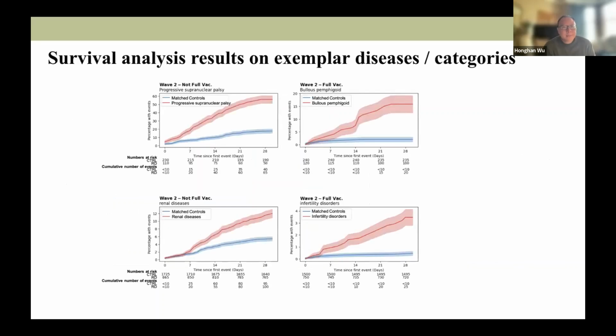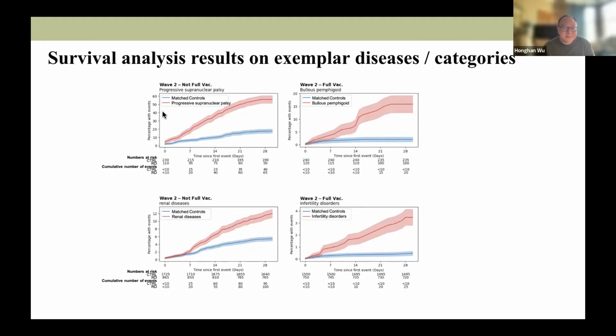Then we set out to do the survival analysis for those 331 diseases, looking at their risk of mortality if these people caught COVID-19.